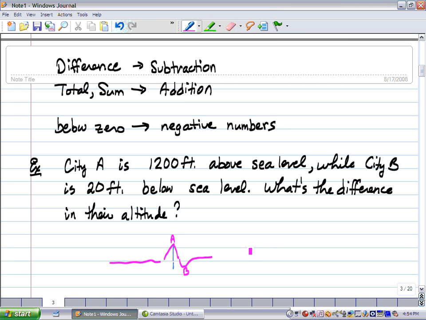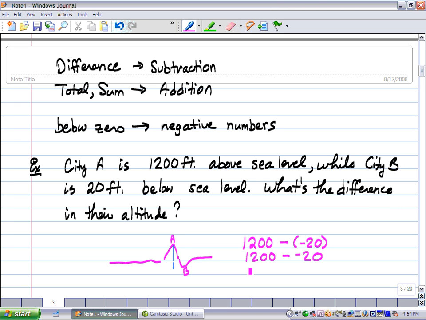If I take those absolute distances, or I could say City A is 1,200 feet. Since it says the difference, I'm going to subtract. But what's City B? Since it's below sea level, it's negative 20. But remember, I only have a single number inside the parentheses, so I don't really need the parentheses.